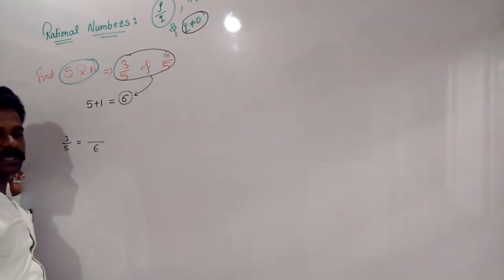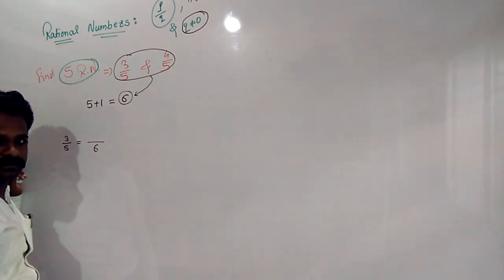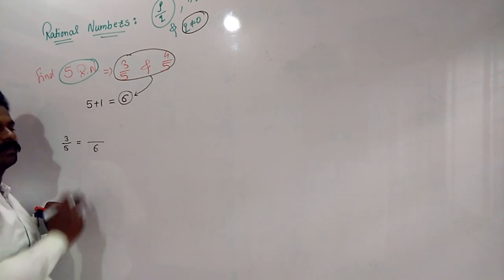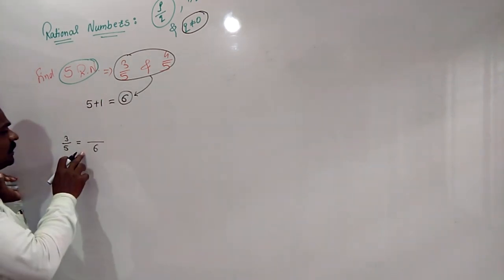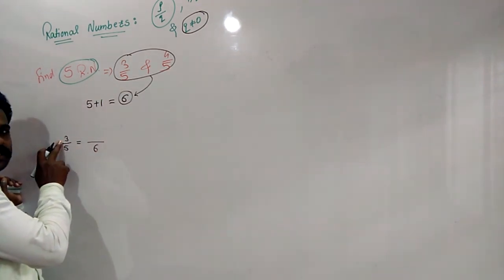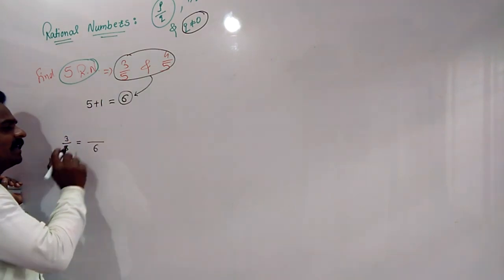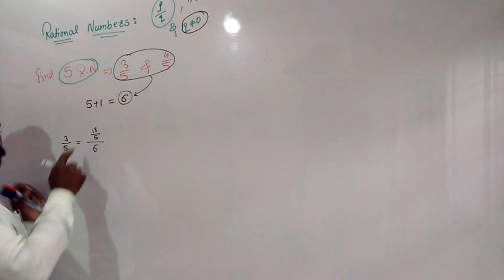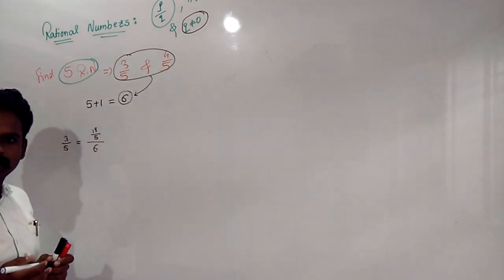So how much will be its numerator? Now I told you it's very easy to find the numerator. Just multiply this 6 on this side. So 6 3s are 18. 18 by 5 is your numerator.